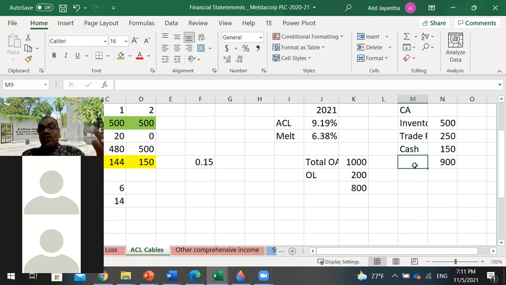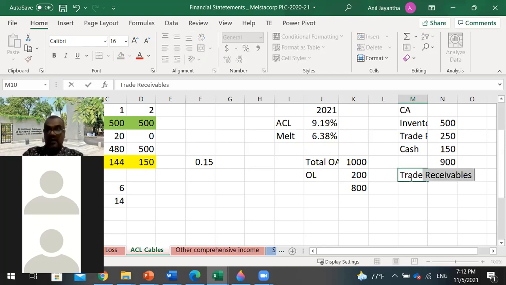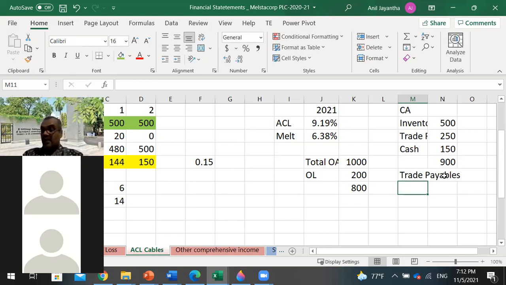But in order to maintain the same working capital, you need not tie up your resources of 900,000 if you can take some operating liabilities, such as, say, trade payables. You buy raw materials on credit, say 300, and do not pay. So on average, throughout the time period, you have that facility.